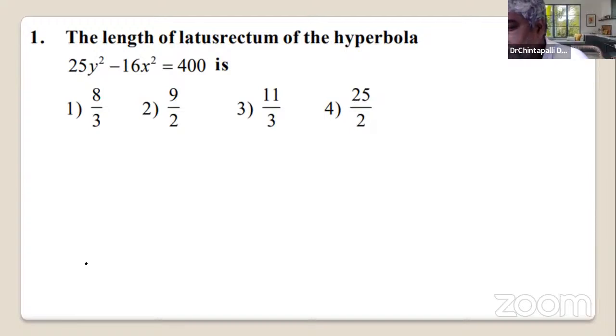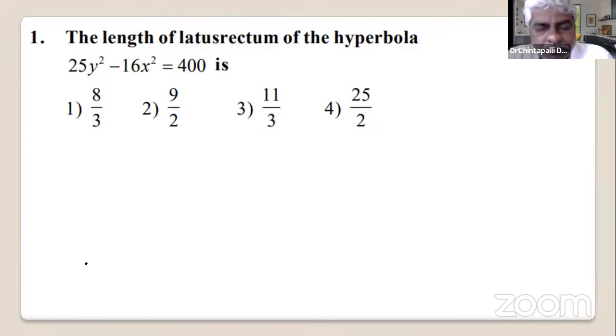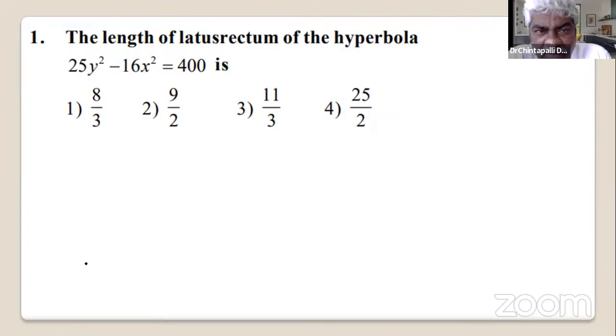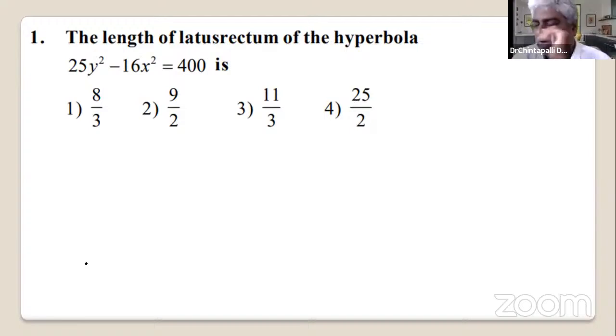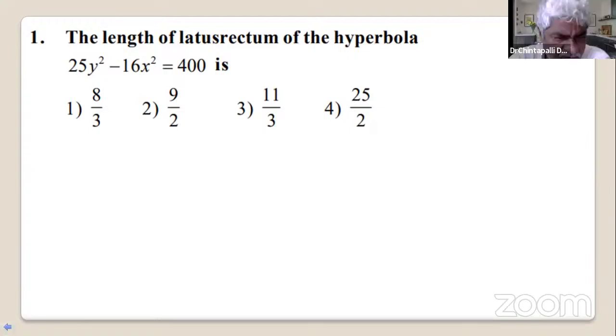So in that case, aren't we using the first formula itself, sir? Yes, 2b square by a is correct. 2 times 25 by a. What is a? It is not a square, it is 16, so a is 4. 25 by 2. Option 4, sir. Yes, option 4 is correct.